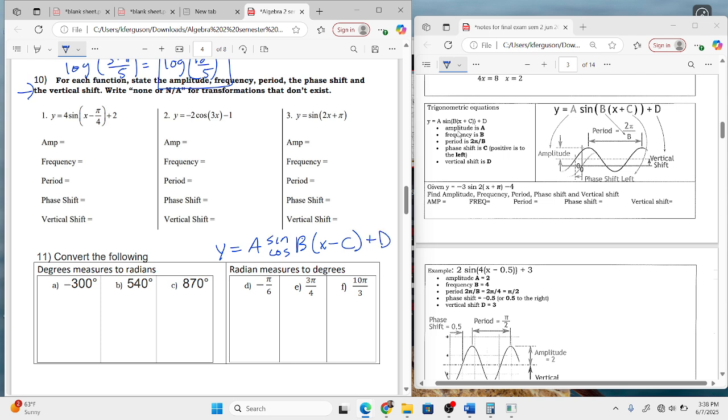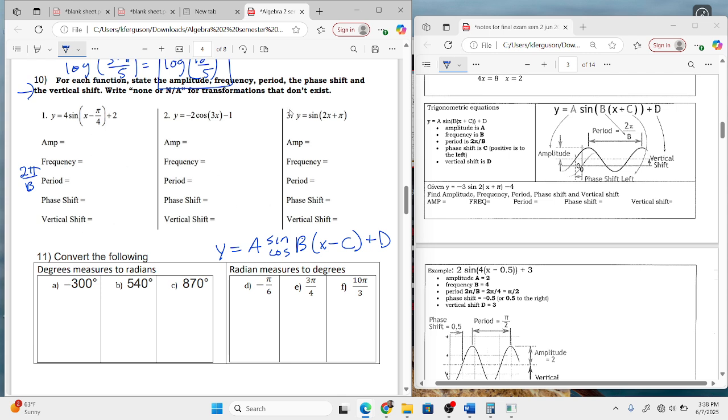So what did we say? Well, amplitude is a, frequency is b, the period is 2 pi divided by b. The phase shift is c, and then the vertical shift is d.